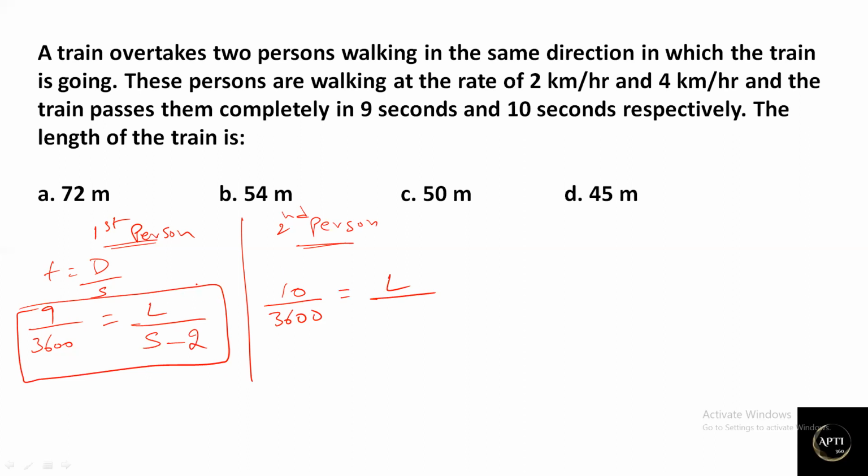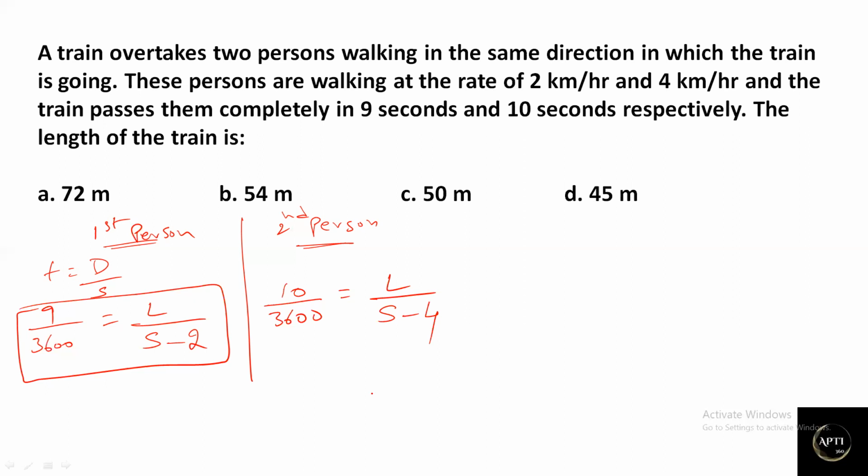I'm taking only the length because in both cases the length will be the same, the same train is crossing the second person. Length of the train divided by S, also the same, because for the same train the speed will not change. S minus the speed of the second person, which is 4 kilometer per hour.